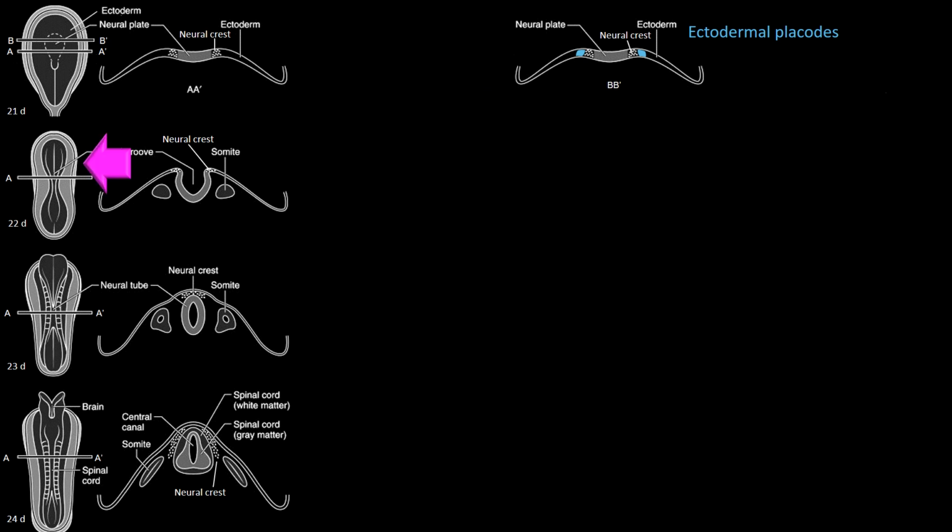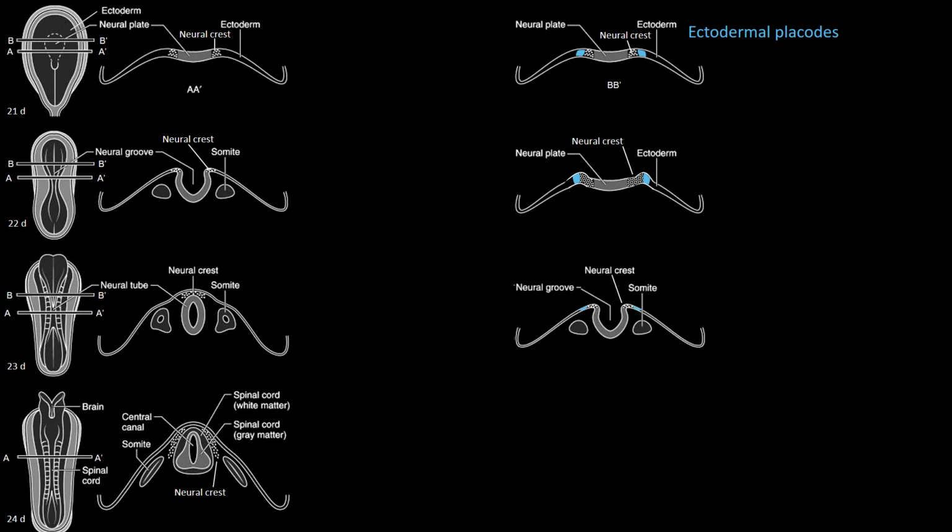Now let's go back to the representation of the 22-day embryo and again indicate the rostral region and represent a rostral cut. The figure just introduced represents the elements present at this level. As you can see, they are the same elements as indicated in the figure above. We will do the same in the 23-day-old embryo representation, as indicated here and illustrated here.